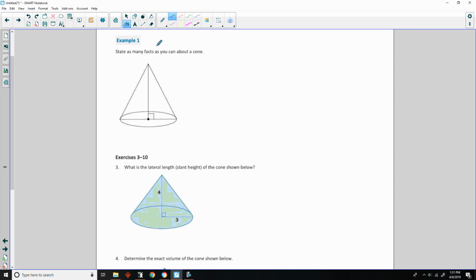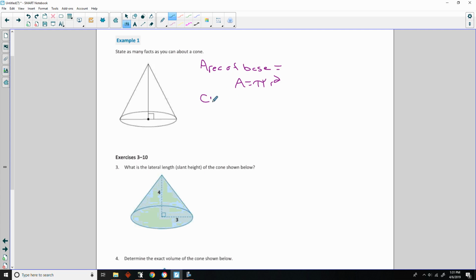Example 1. State as many facts as you can about the cone. Okay, so what can we say about this? Well, we know that the area of the base equals pi r squared.